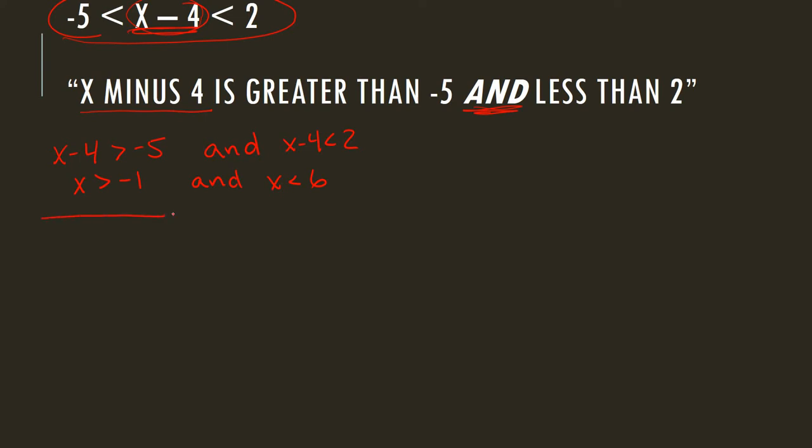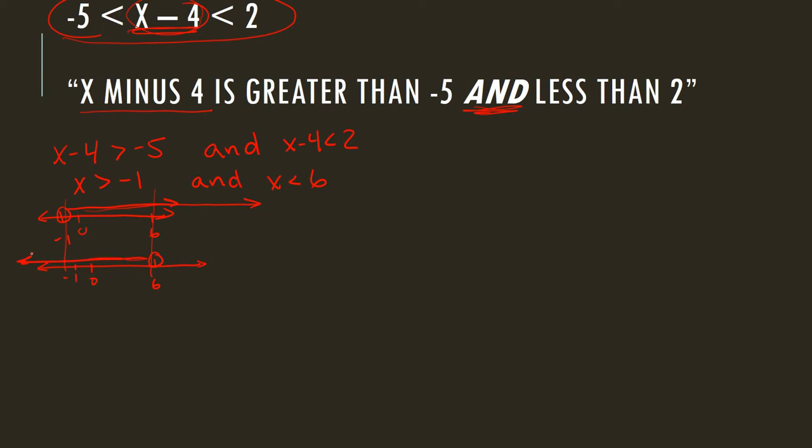If I graph x is greater than -1, it would be the graph going that way. If I graph, and I'm going to do this underneath, x is less than 6, it would go that way. Now you see that these two statements have a section where they overlap. x can be greater than -1 all the way up here, but on the right-hand side it's no longer less than 6.